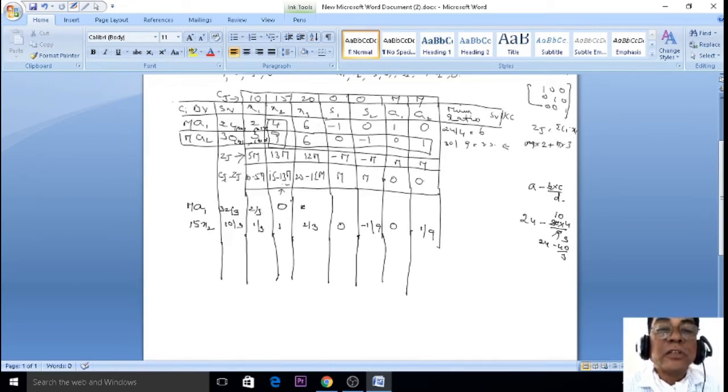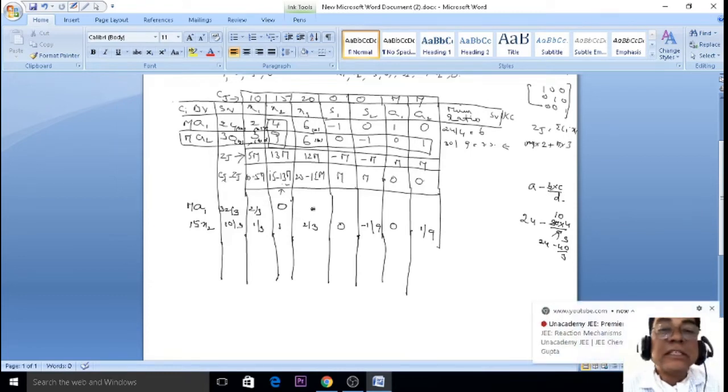Come to this point. How to calculate these values? A, B, A straight, C always from the key column, and D. Apply this formula, so you get 2 by 3 and 10 by 3.